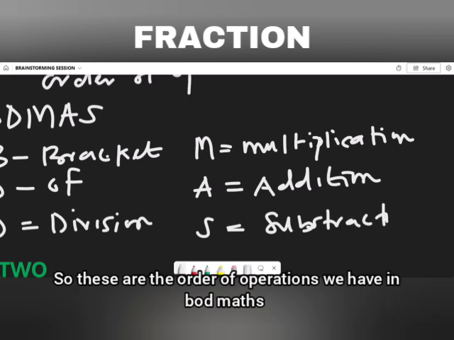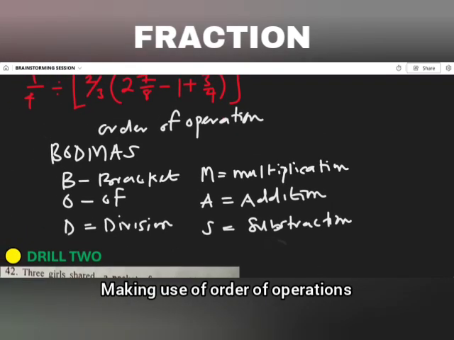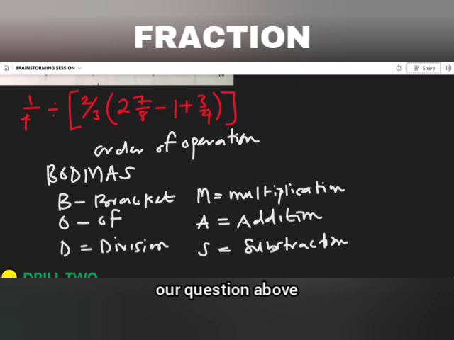So these are the order of operation we have in BODMAS. These are the keys of order of operation we are going to use to solve our question above.